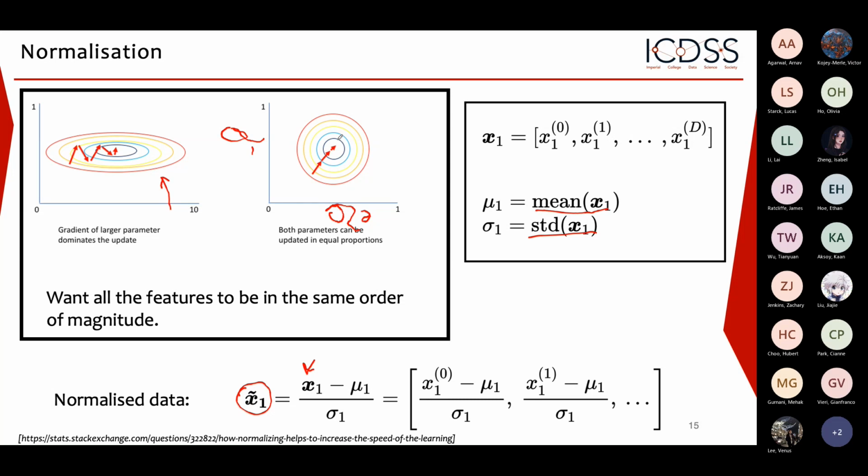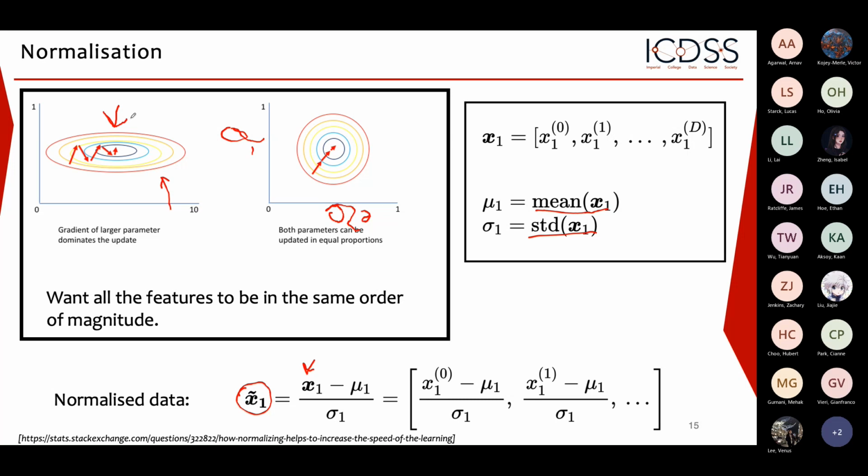Because that's where you have the minimum of your cost function. And the claim is that if your cost function is not very symmetric, let's say in your parameters, like in this case, it is going to take more steps for the optimizer to get to the center.